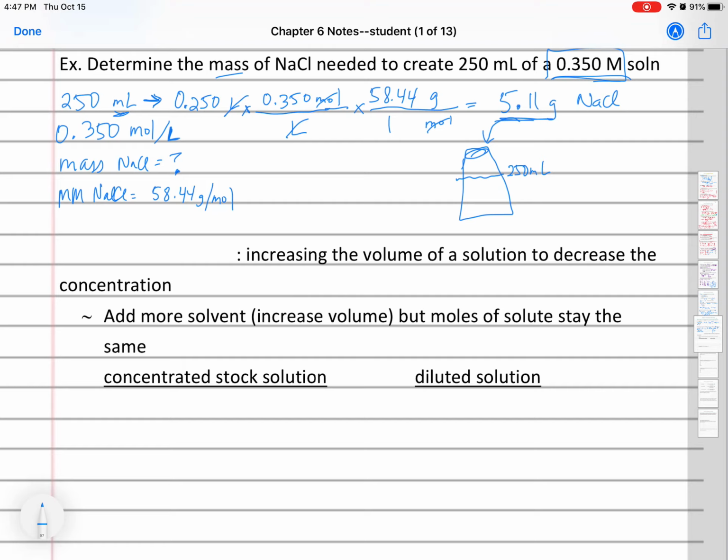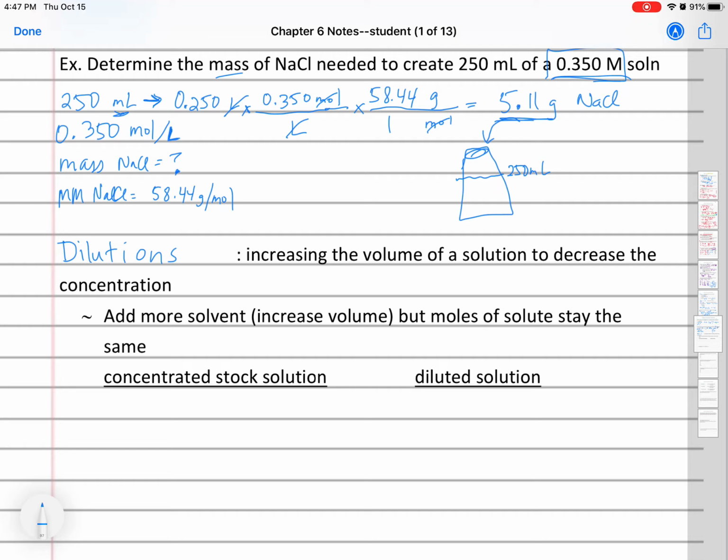Alrighty, so another thing that we might want to do is take a stock solution, a concentrated solution, and dilute it to make solutions that way. So dilutions are a very common thing that's done in lab preparation in science.